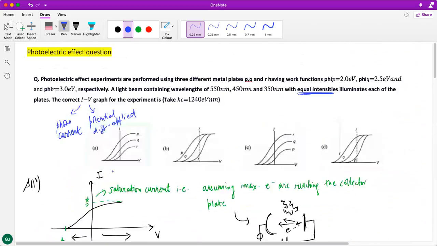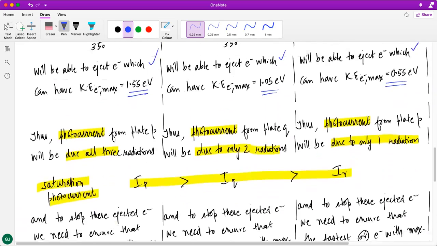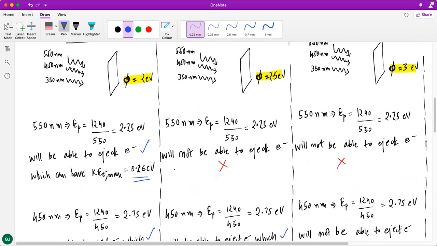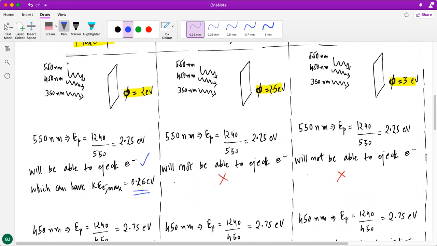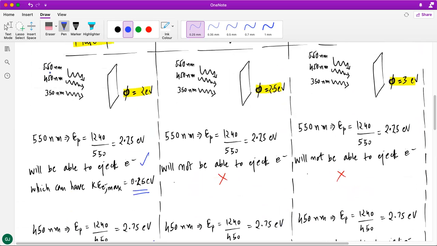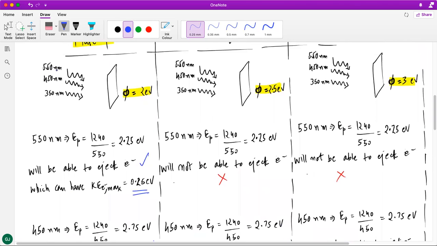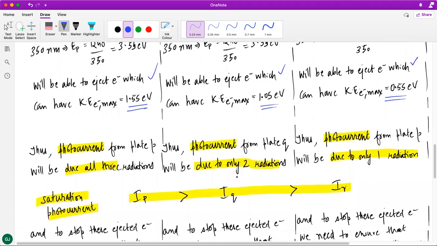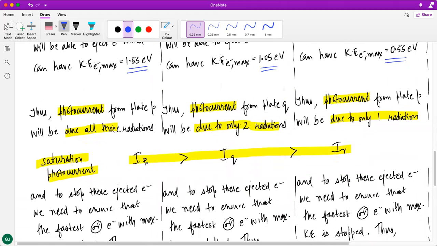So for example, plate P, which was struck by these three radiations, say 100, 100 and 100 photons each were coming from these three types of radiations, then all of them were able to eject electrons. So it has got maximum electrons getting ejected. And subsequently, you can now figure out that for plate Q and R, the number of electrons ejected would be lesser. So this is about the photocurrent.